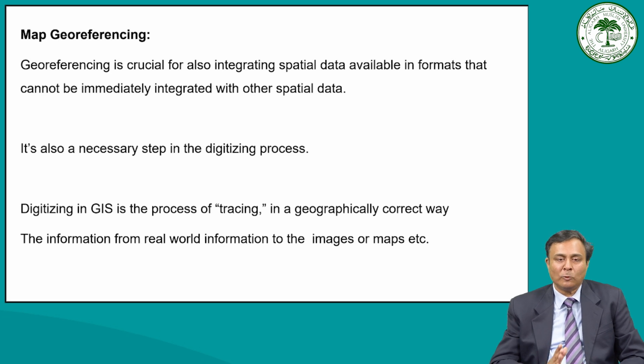First we have to assign coordinates to that geographic space of which we are drawing some spatial information for our convenience. So digitizing in GIS is the process of tracing in a geographically correct way the information from real world information to the image or maps, etc. Actually, this is the basic objective, the basic significance of spatial information: that the ground realities, we are assigning coordinates, we are making it spatial information, and that way we are preparing maps in digital format.